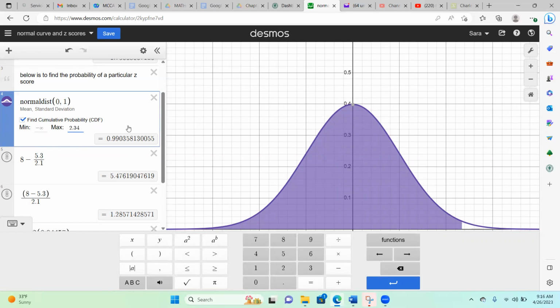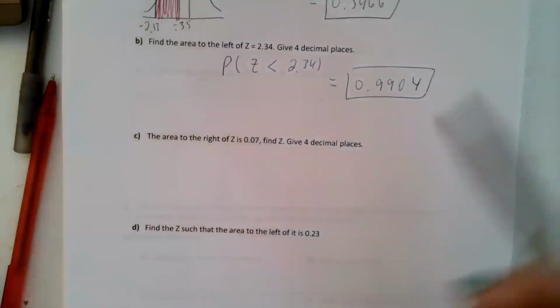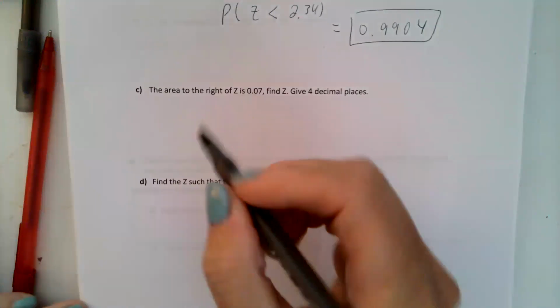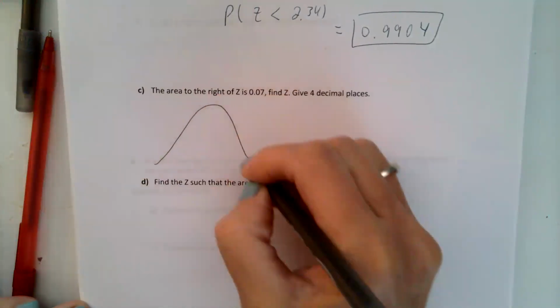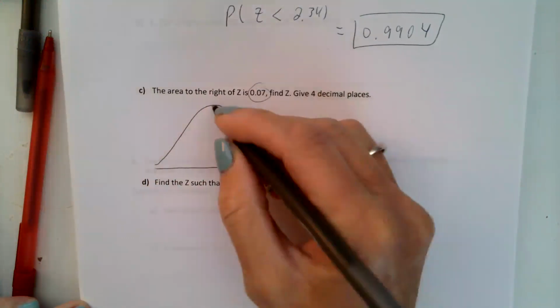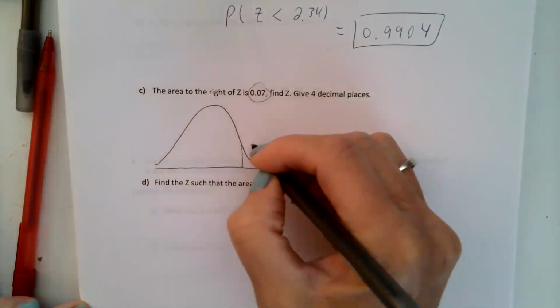Okay, letter C says the area to the right of Z is 0.07. Find Z. Okay, go back to the paper for a moment. Here are my answers for A and B. So on this one, we know the area to the right of Z is 0.07. So it's something over here.